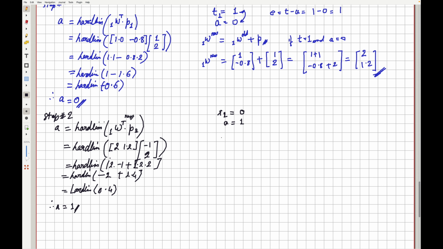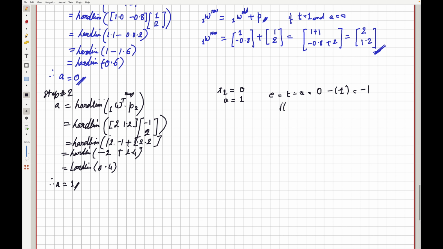Now to move the decision boundary to a W which is closer to the ideal W, we think about it by saying the error is t minus a, and so we have the value of t is 0, minus a, which is 1, so we have minus 1.